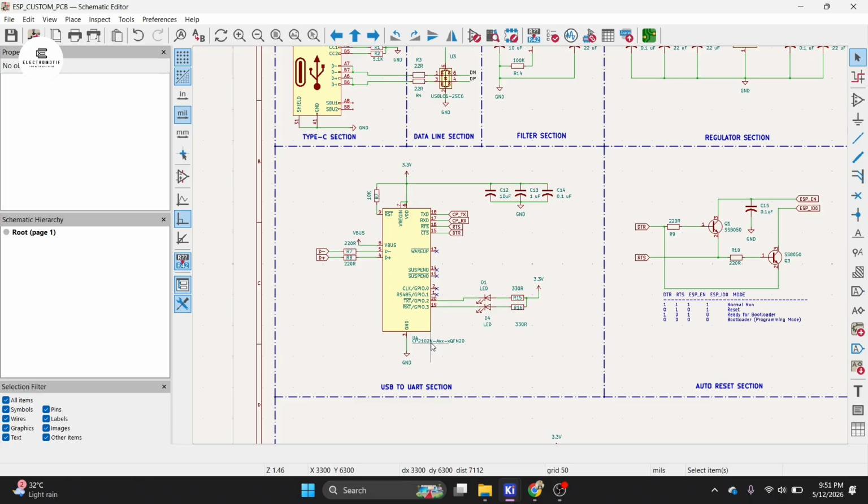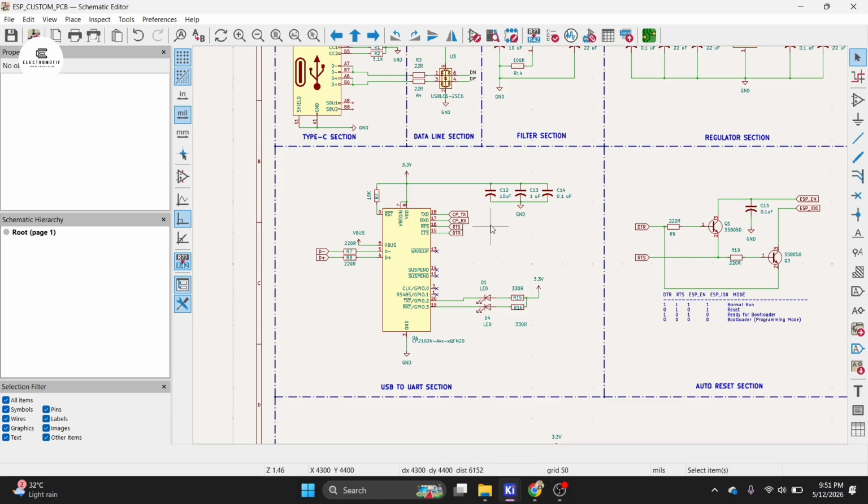It handles USB communication, serial communication and data conversion between the PC and the ESP32. This side has the data lines coming from the Type-C section, so we have data lines here and we have TX and RX for the UART pins.